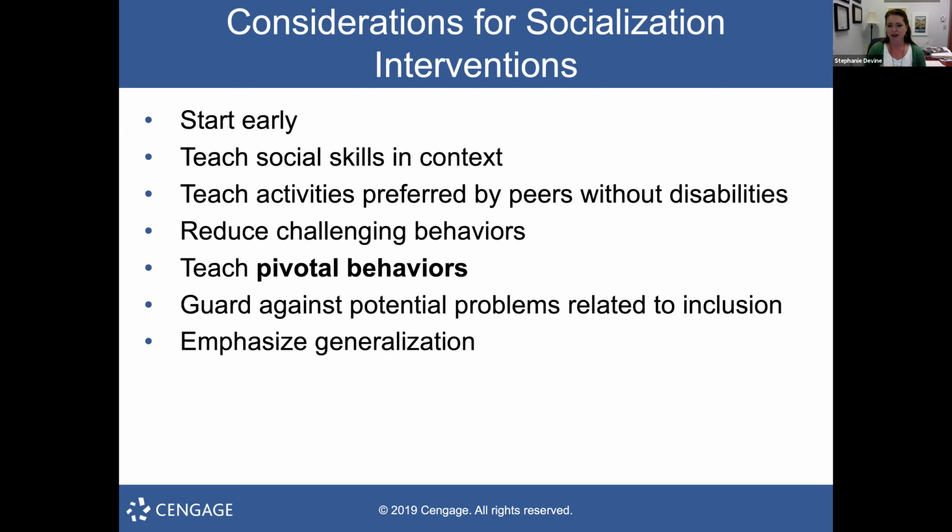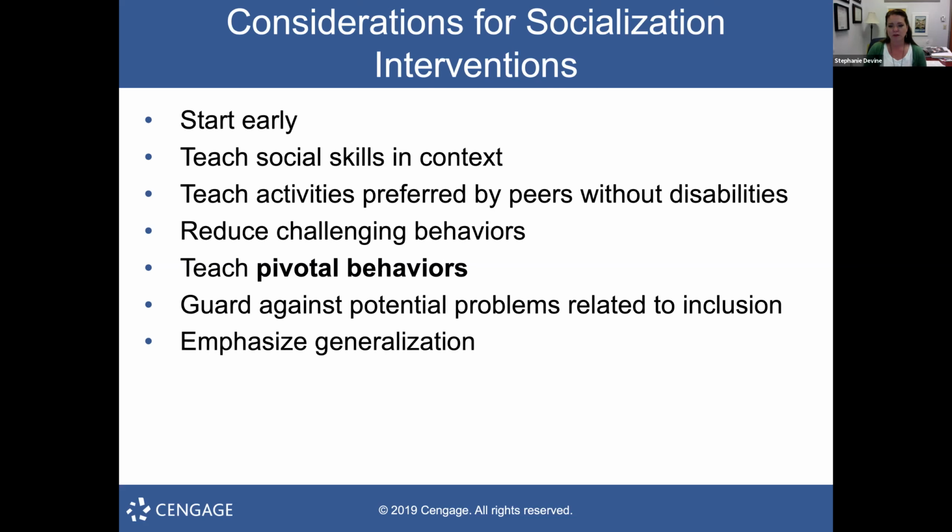You may have to train peers to effectively interact with your student. So there's things to be done here before you just put kids out into inclusion and expect it to be successful. Essentially, you do not want to place without planning. You don't want to place without objectives.